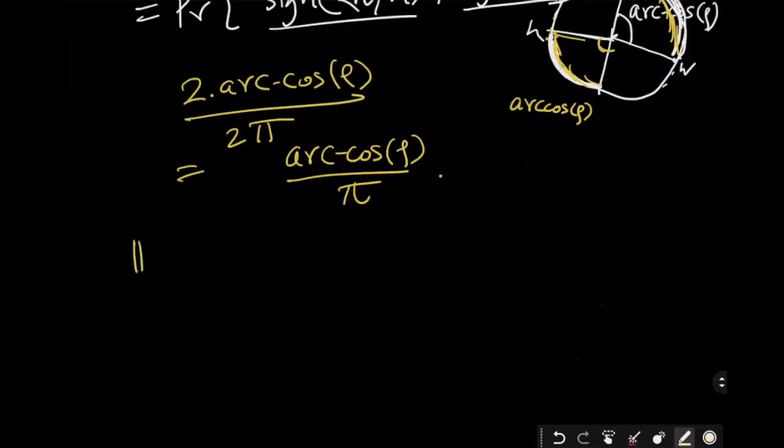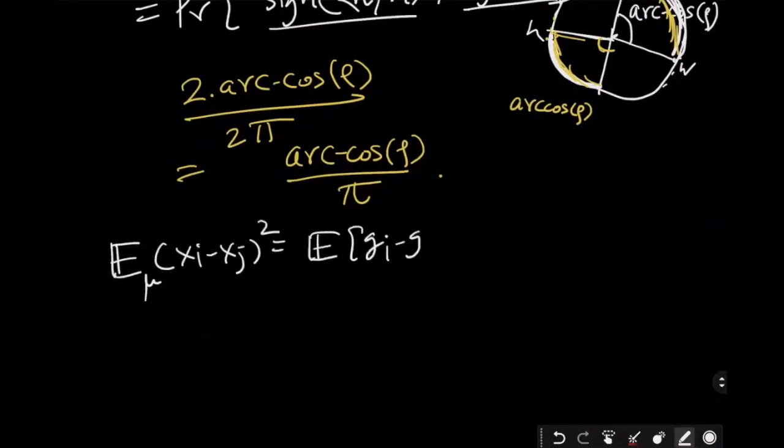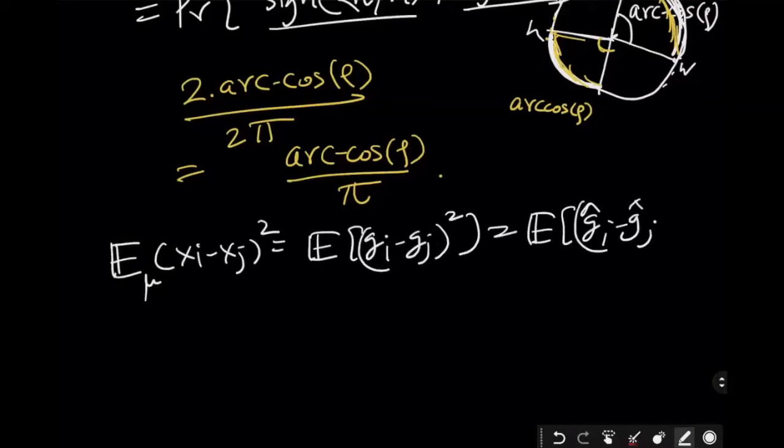So now we were computing this ratio. The other quantity in the ratio is simply E of (x_i minus x_j) squared, which is the same as E of (g_i minus g_j) squared, which, just to belabor the point, also equals (g hat i minus g hat j) squared. If you expand this out, it equals 2 minus 2 rho.